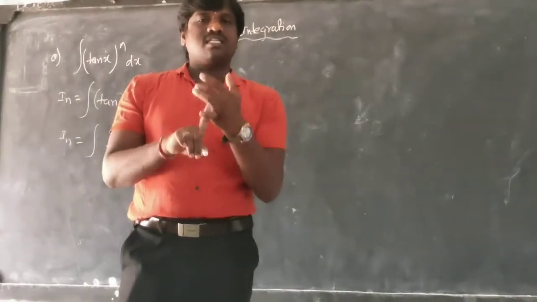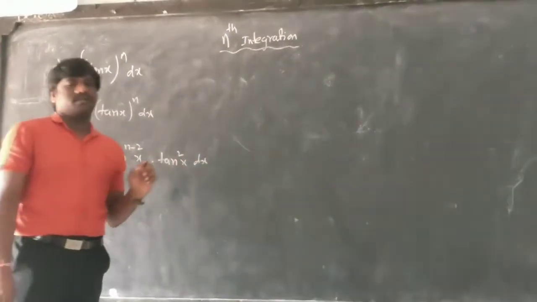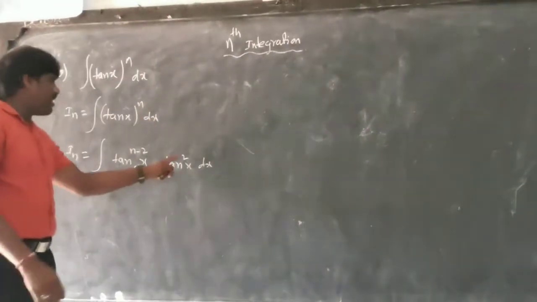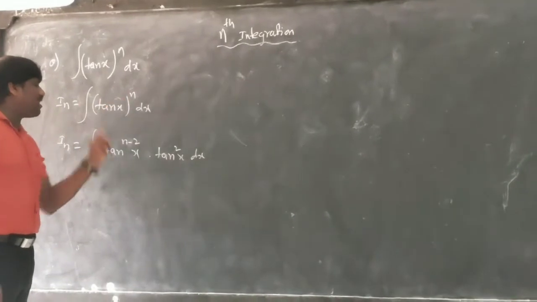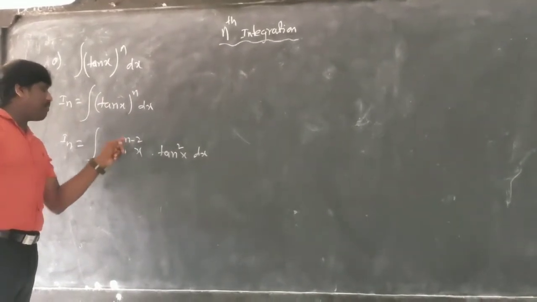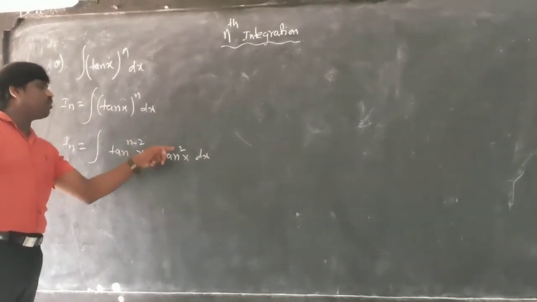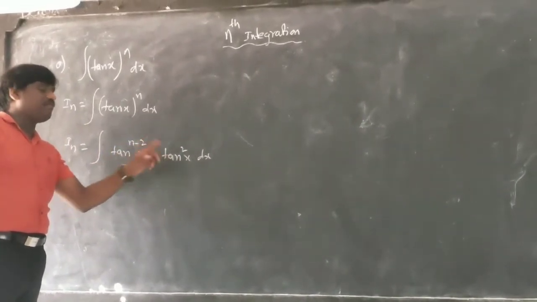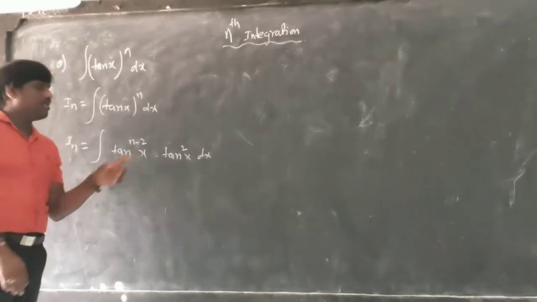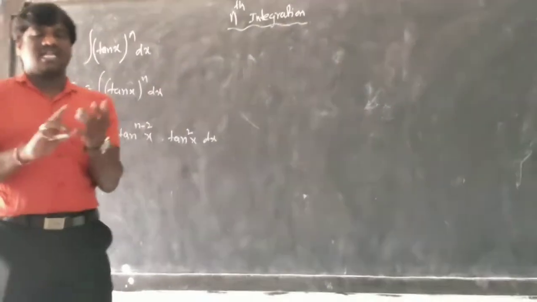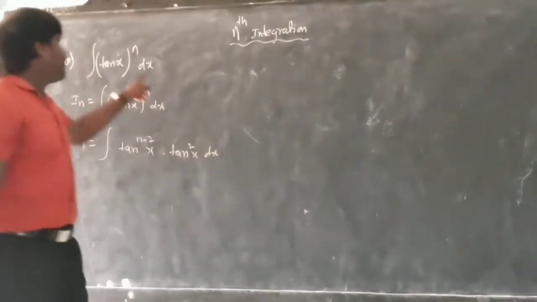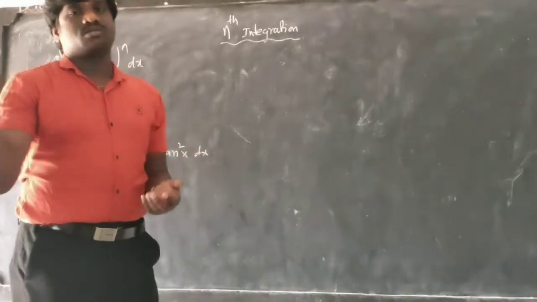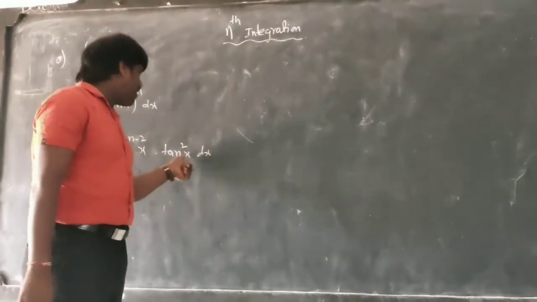To get that, I have to make it a square. So I wrote this n as tan power n minus 2 into tan square x. I should not take tan power n minus 1 into tan x. I have to get a square, because if I take tan x as t, whatever function is there, I have to express it in t finally. So if I take t, I will get sec square x. So I have to get the power 2.